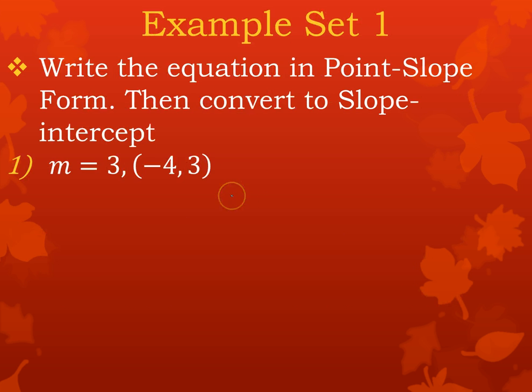Okay? So for the first 5 examples, we're going to talk about how to write it into slope-intercept. So we're given our slope is 3, our point is negative 4, 3. So you're going to plug everything back into y minus y1 equals m times x minus x1. So it's y minus 3 equals 3 times x minus a negative 4.